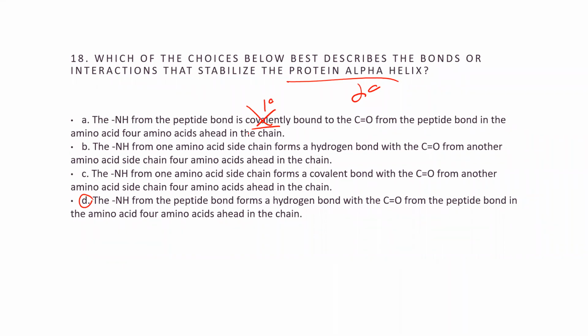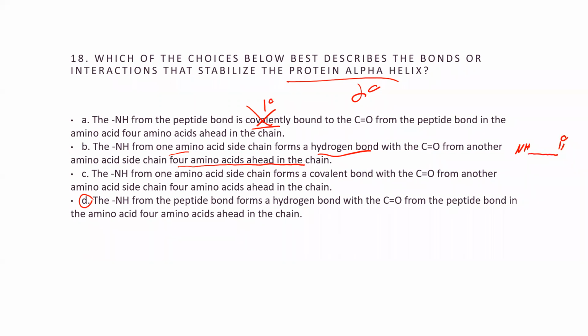The NH from one amino acid side chain forms a hydrogen bond with the COO from another amino acid side chain, 4 amino acids ahead in the chain. So let's draw this out. We have our NH. And then we have our COO. There's 4 amino acids here.